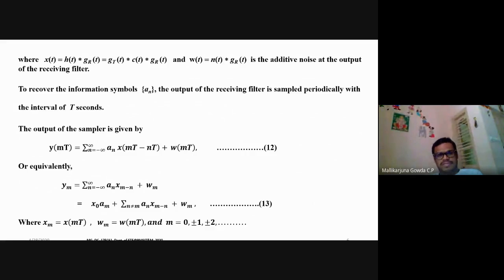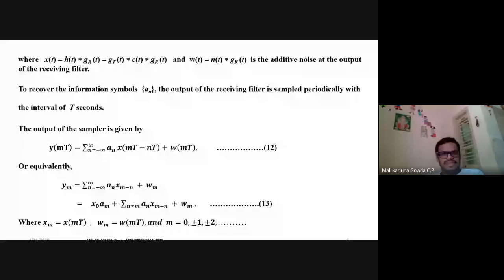In the block diagram, the output of the receiving filter is given to the sampler, and the clock is extracted from the received signal, and it will be sampled at t equal to capital T. So this is the output of the sampler: y(mT) is equal to summation from n equal to minus infinity to infinity a_n x(mT minus nT) plus w(mT). And I can write with a single suffix: y_m is equal to summation n equal to minus infinity to infinity a_n x_(m minus n) plus w_m.